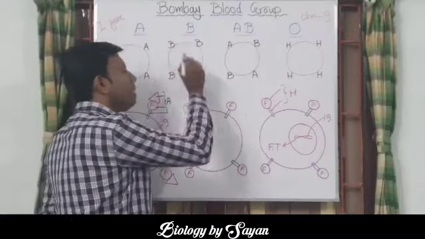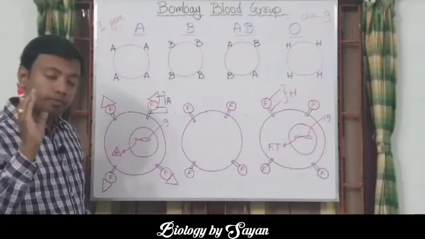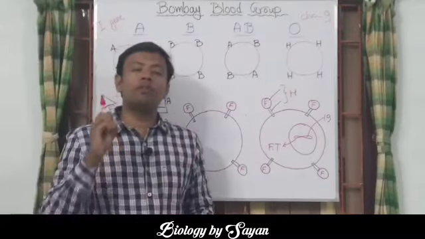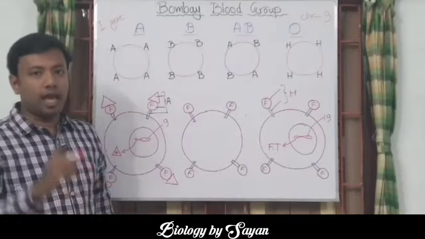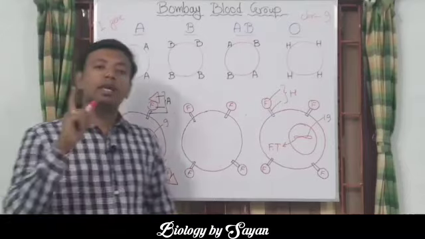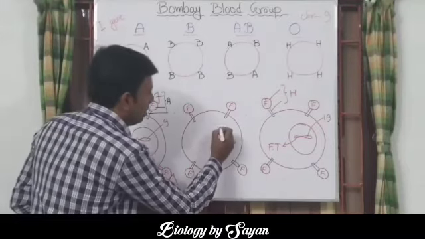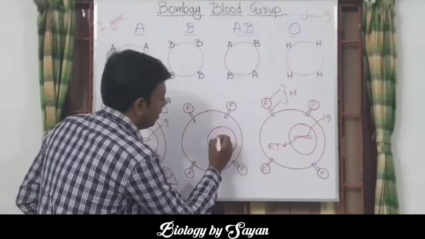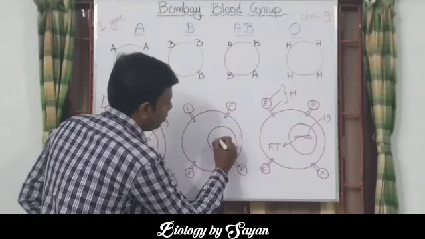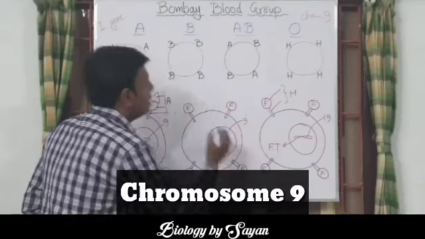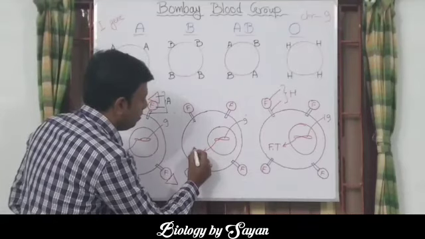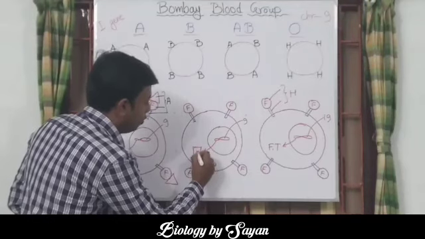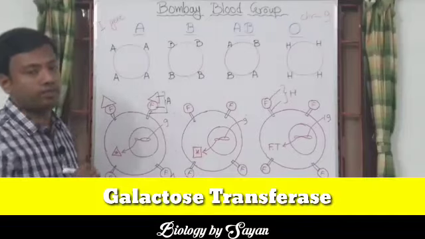Now, in case of B blood group, there is a special type of group found to be attached on the top of this H antigen, and the structure is known as galactose. Here, during erythropoietic development, from chromosome number 9, these individuals are known to form a special type of enzyme known as galactose transferase.